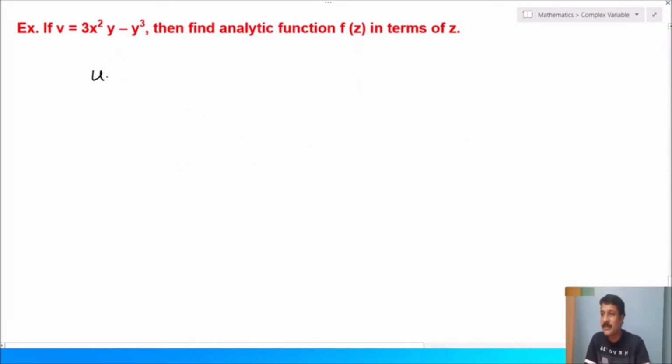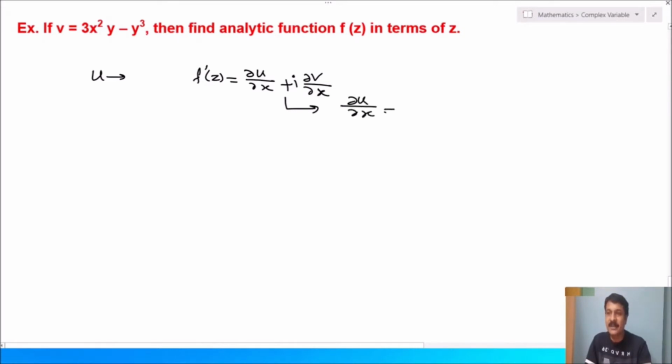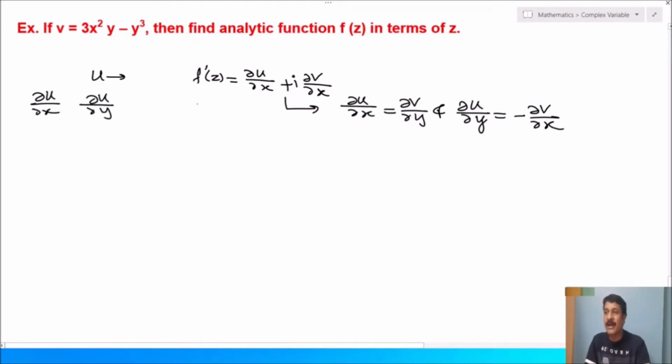If u is given, don't forget that f dash of z equals dw by dx plus i dw by dx. Since it is analytic, it satisfies the C.R. equations: du by dx equals dv by dy and du by dy equals minus dv by dx. If u is given, you find du by dx and du by dy, replace accordingly, and you will get f dash of z in terms of u.